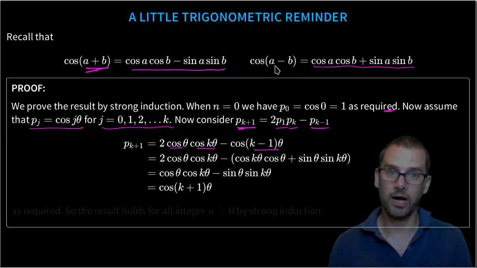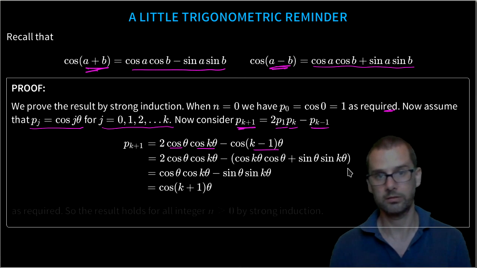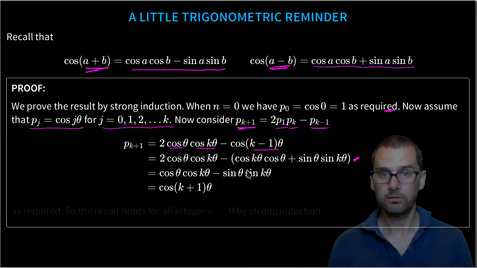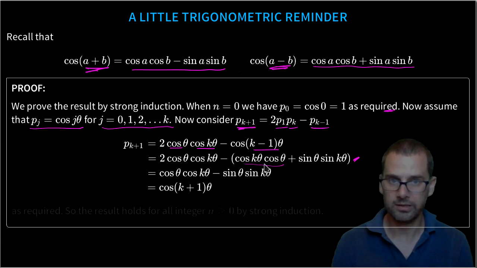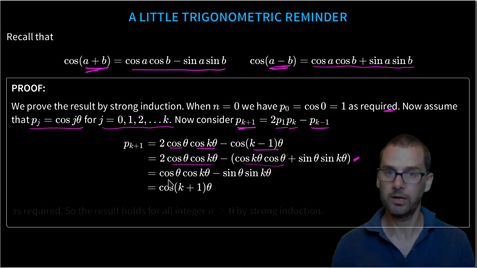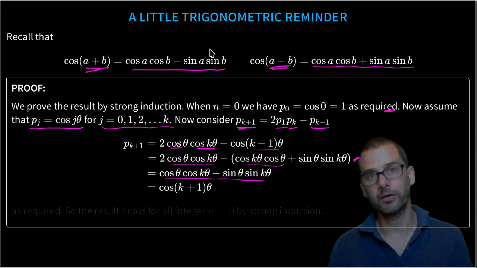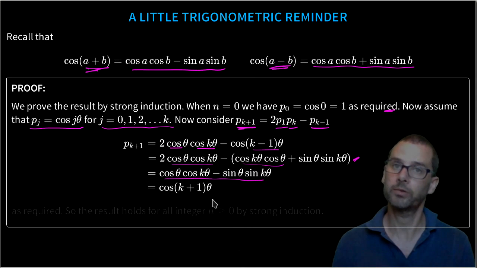So cosine of a difference is given by this. So cosine k theta, cosine theta, all of that mess just coming from here. Well, then we can see that this term cancels with some of that term, and we get this expression here, which is exactly the form that we need to make cosine k plus 1 theta.